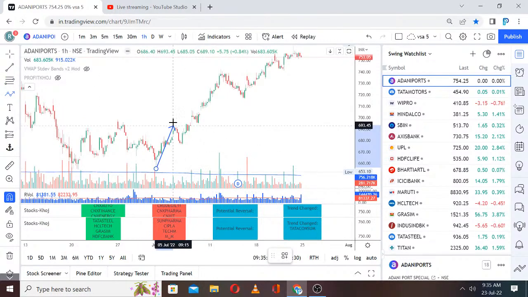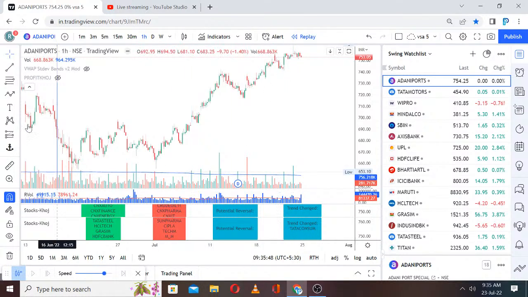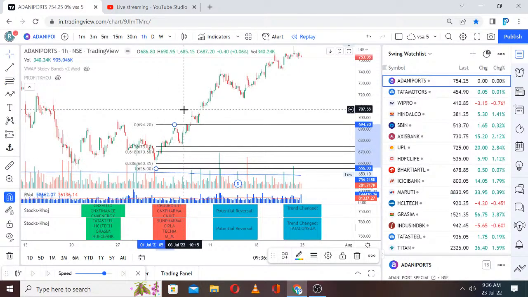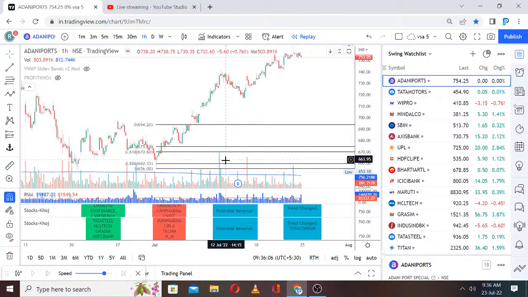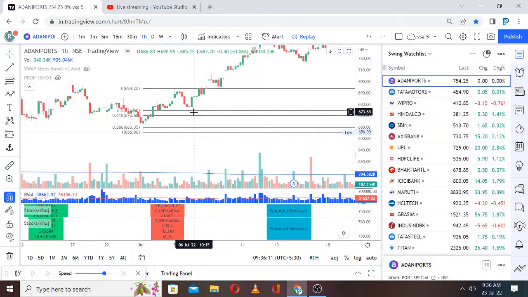For me this is a swing, and this is another swing, and this is another swing, right? As we saw, the blue arrow originated here, so after that we are looking to buy. So we mark the swing like this and wait for the stock to come to this zone.